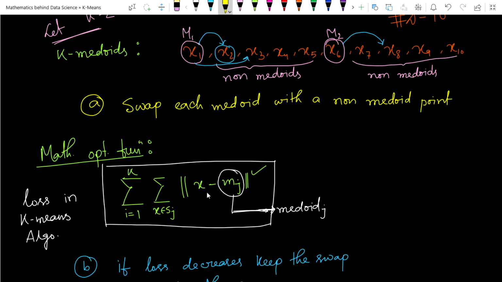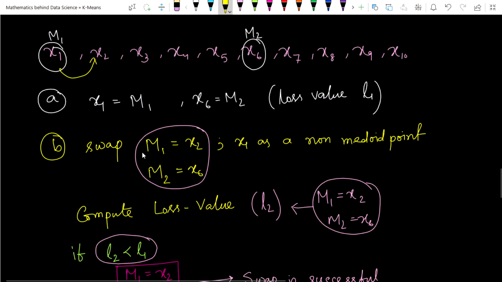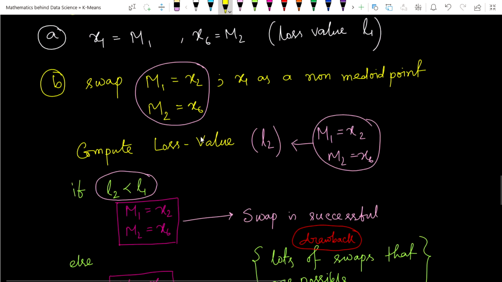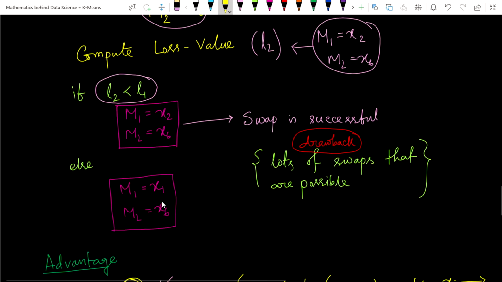Then we swap the medoid with a non-medoid value and calculate the loss value again. If this loss value is less than the previous loss value, then the swap is successful. Otherwise, we undo this swap.